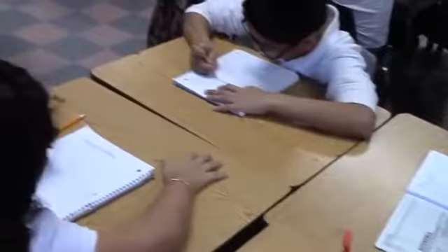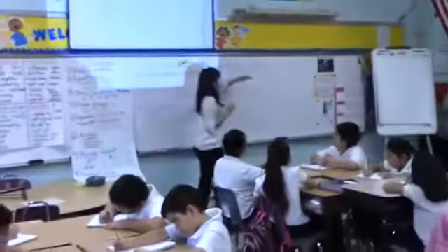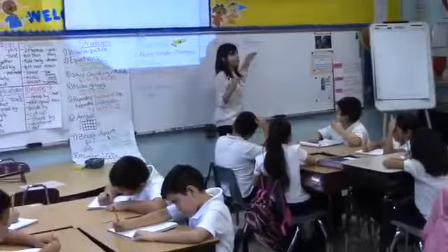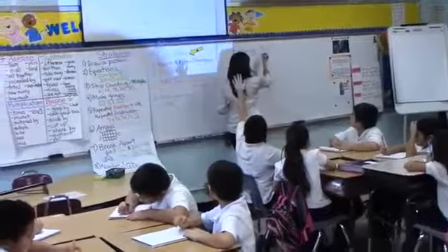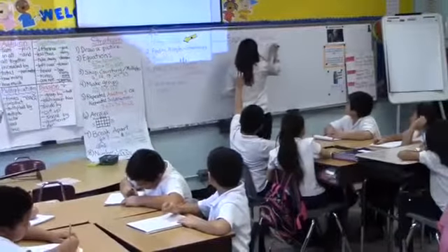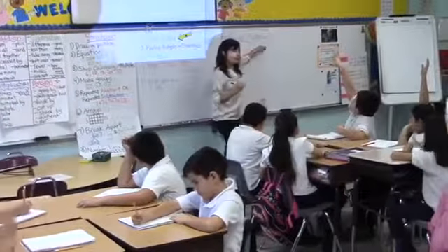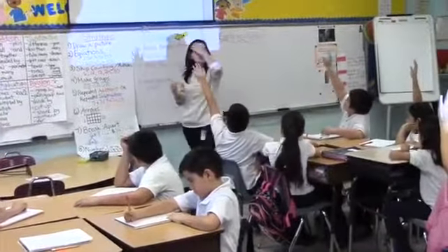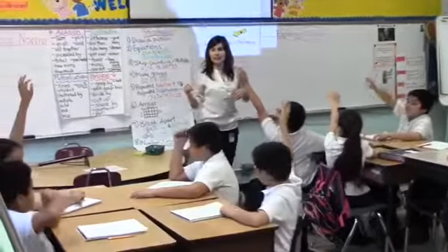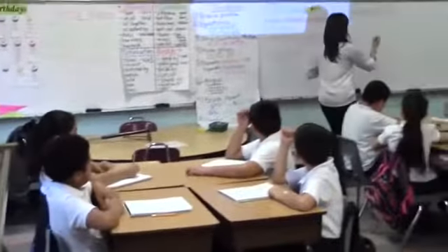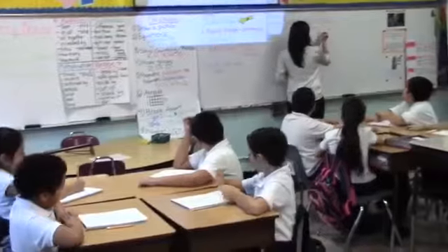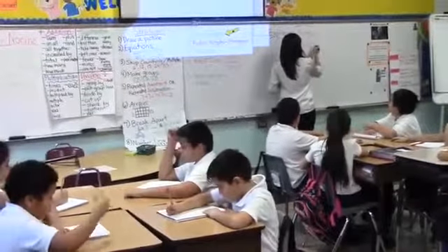Now, let's take a look at this word multiples. What words does multiple remind you of? What words does it remind you of? Oscar? Multiply. Multiply is one, right? What other words can you see in there?